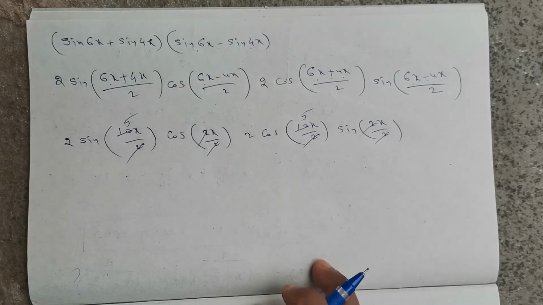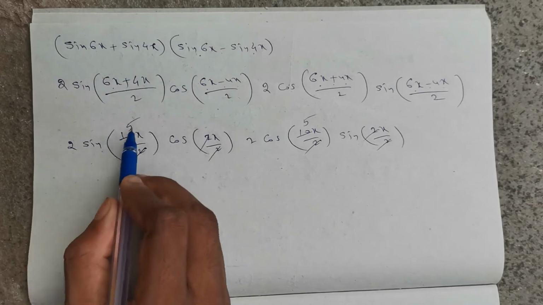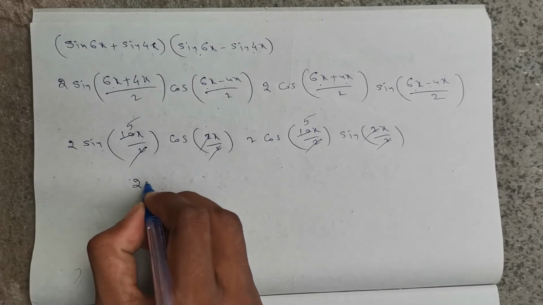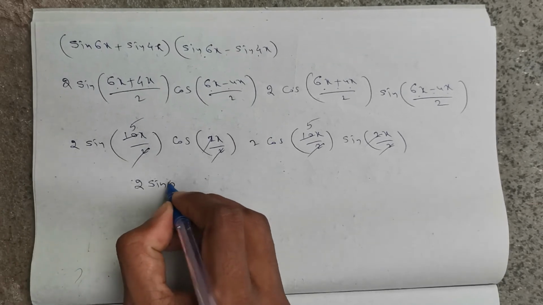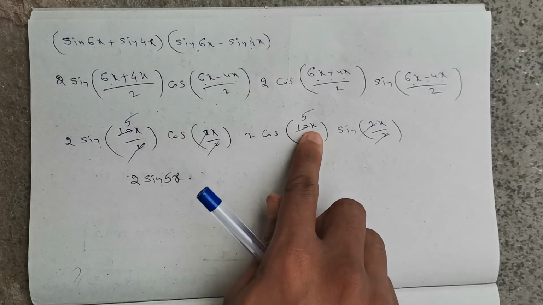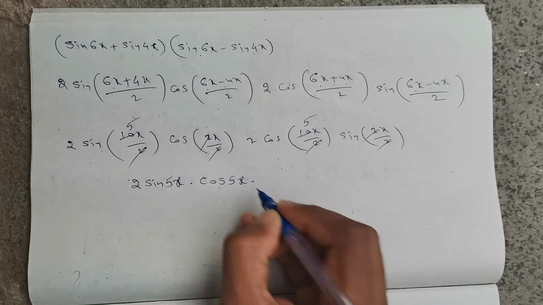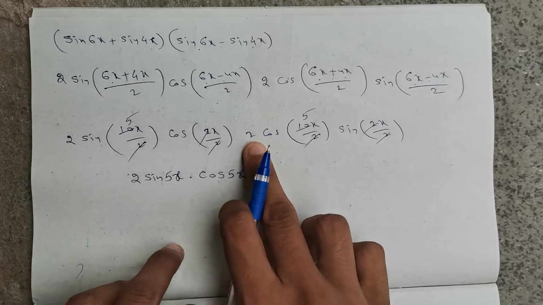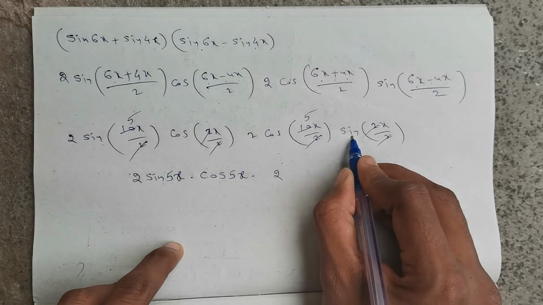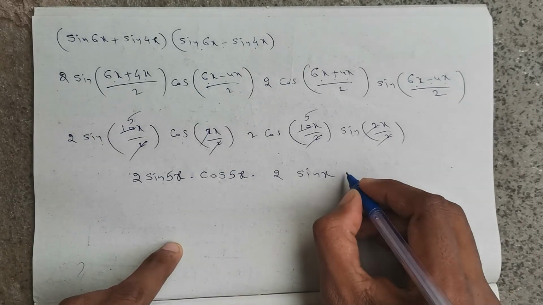So I remain with 2 sin 5x, into cos 5x, then the remaining 2 as it is, sin x cos x.